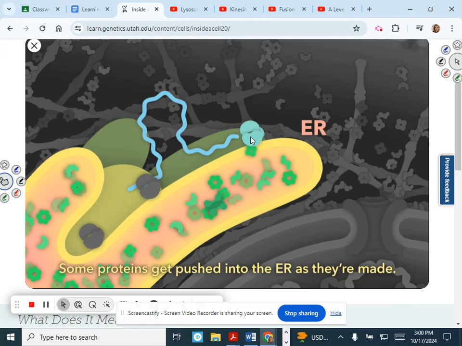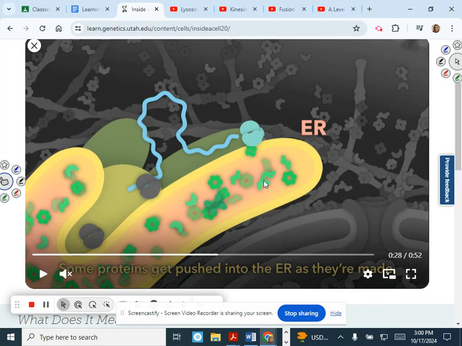You know, paper is smooth, but if you glue little specks of sand to it, it's going to look and feel rough. So that's why it's called the rough ER, if it's got ribosomes on it. Now notice what happened is the ribosome read the mRNA, and it's building this protein, and it's going to put the protein in the inside of the rough ER.